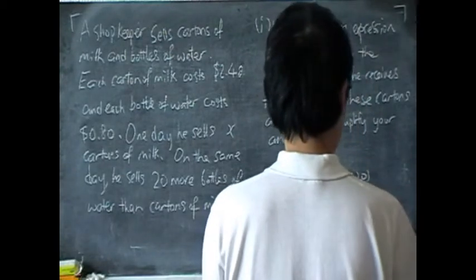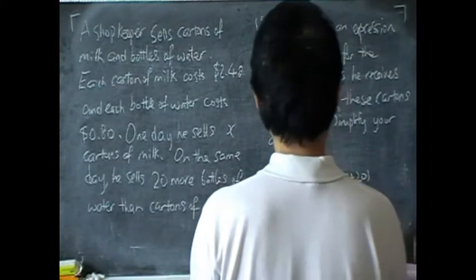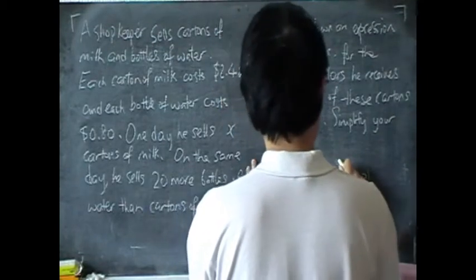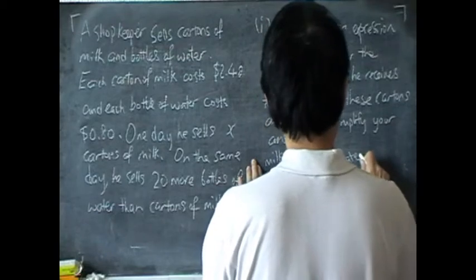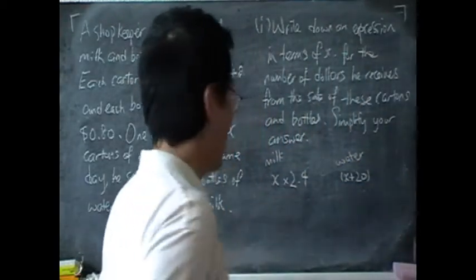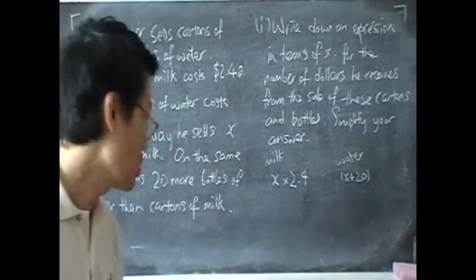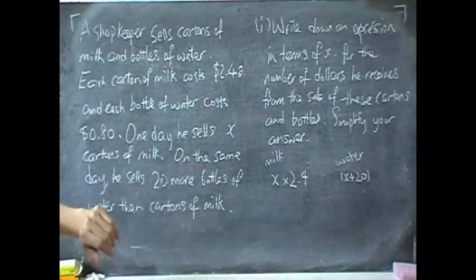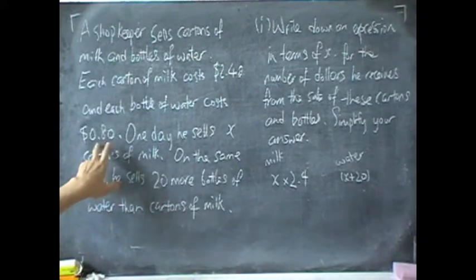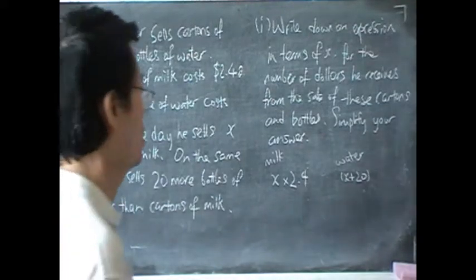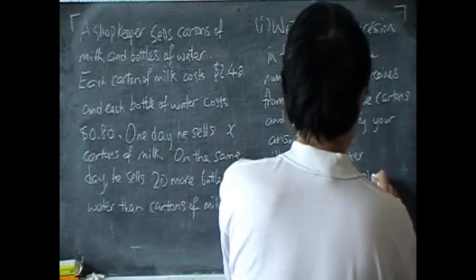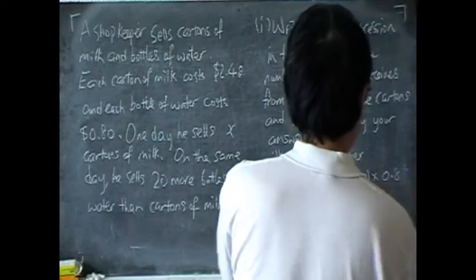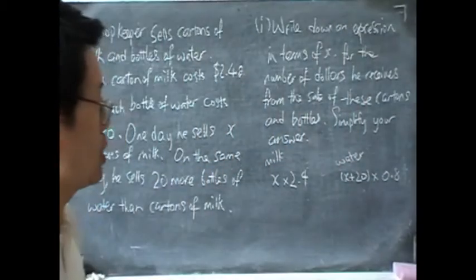So that's milk, water: X plus 20 bottles of water, and each bottle of water costs $0.8. So the total is 0.8 times (X plus 20).